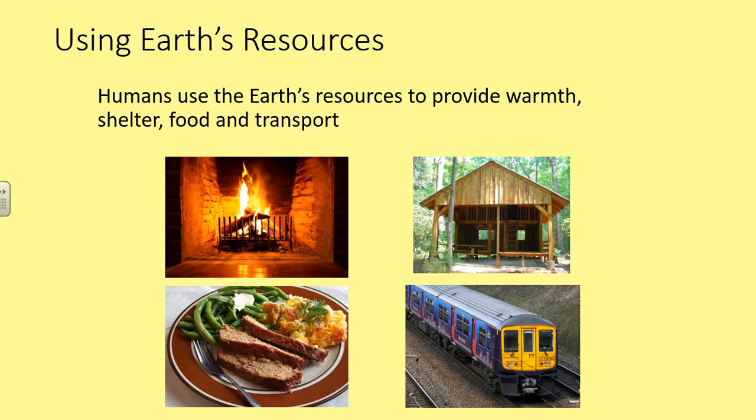We use resources for food, so we can see we've got resources from animals and plants there on that plate in order to provide us with food and the energy in there. And we use the resources for transport, so whether that's fuel to actually fuel the vehicles or the materials used to build those transport vehicles as well.